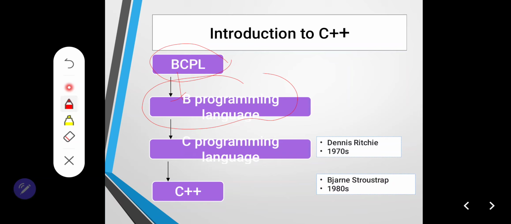The computer scientist was Dennis Ritchie in the 1970s. And the last one is C++. It was created by Bjarne Stroustrup in the 1980s.